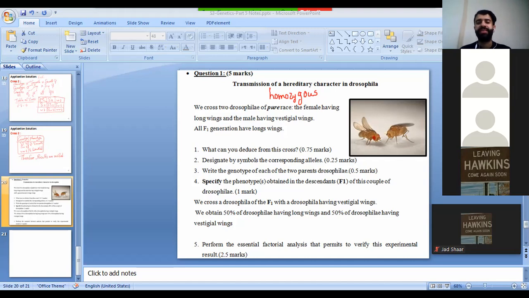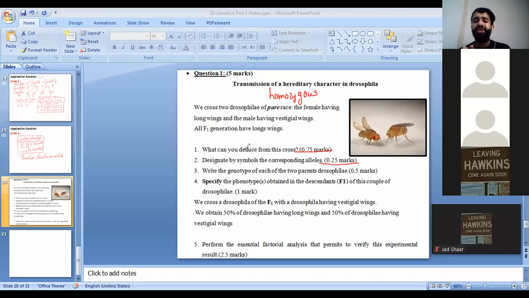Which one is the dominant? The long. So let L capital and v small. Here, a quarter mark is only for giving the symbols, and 0.75 marks for the deduction.